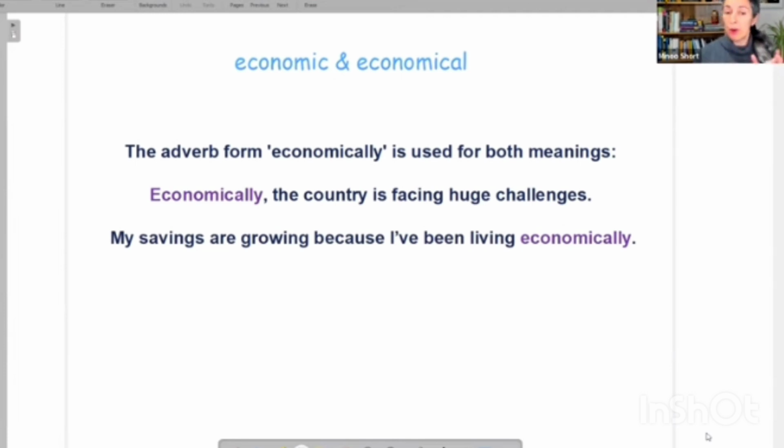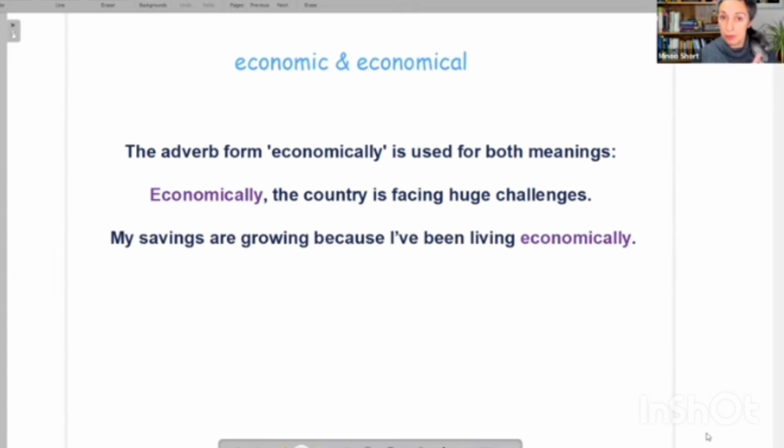My savings are growing because I've been living economically. Also for pronunciation, notice that it is not "economically" with an "kali" ending. Many of you make this mistake of pronouncing C-A-L-L-Y as "kali". It's "kli", economically. Right? So bear that in mind because it's important for the other words as well.